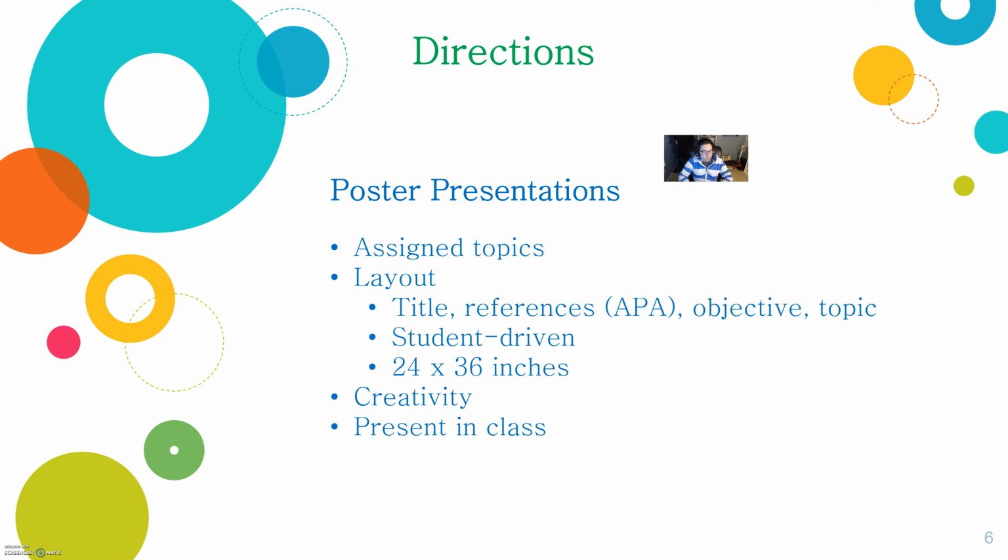It is up to your group on the layout of the poster, but it must include a title, APA references, the related objective, and the selected topic. Creativity is encouraged and will be graded, and students will present the posters in the class review prior to the test. So it kind of goes over all the different requirements, and in what I think is a pretty clear manner of what's expected from them.